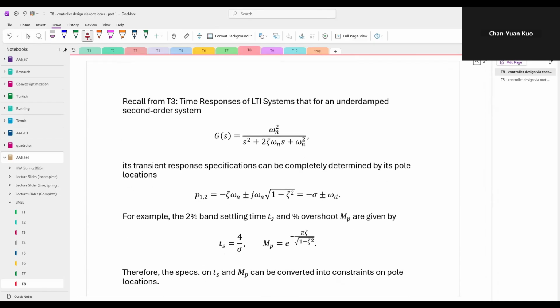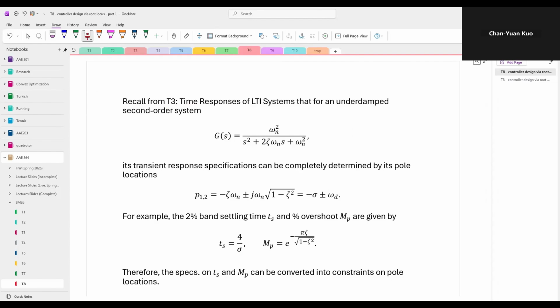Next, let's recall from topic 3 that the transient response specifications of an underdamped second order system without zeros can be completely determined by its pole locations.